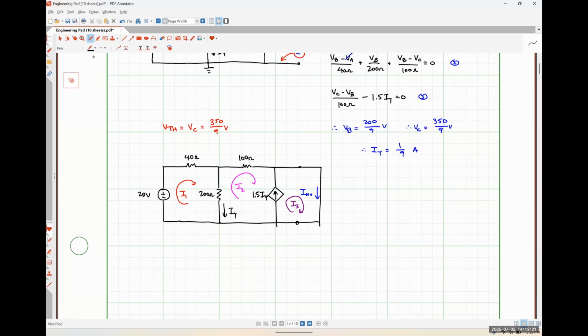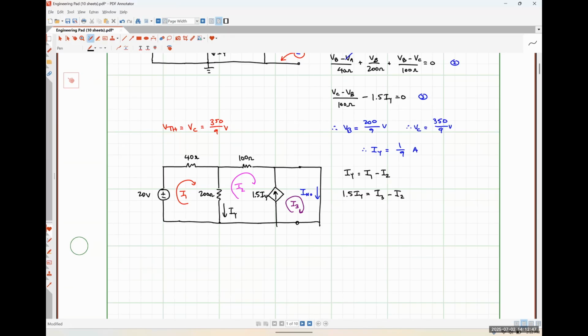Our controlling variable relationship is going to be IY is equal to I1 minus I2. Our current source relationship is going to be 1.5 IY is equal to I3 minus I2.